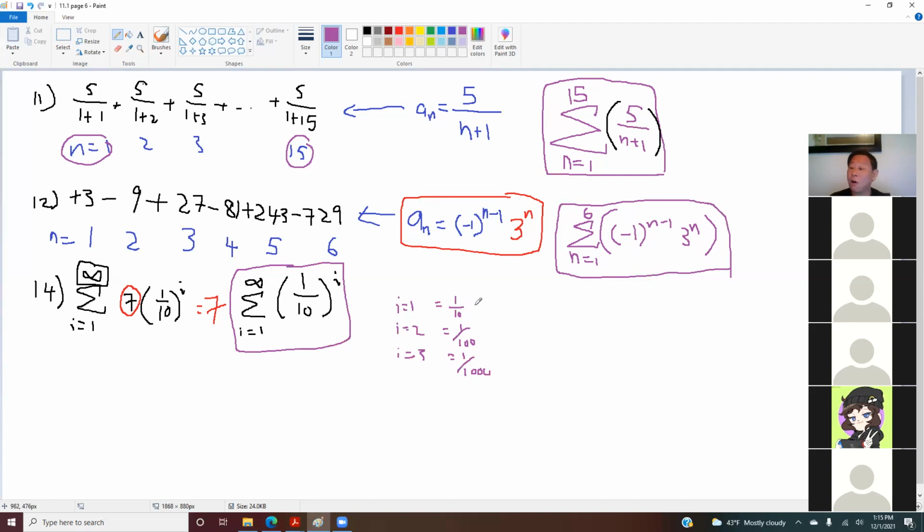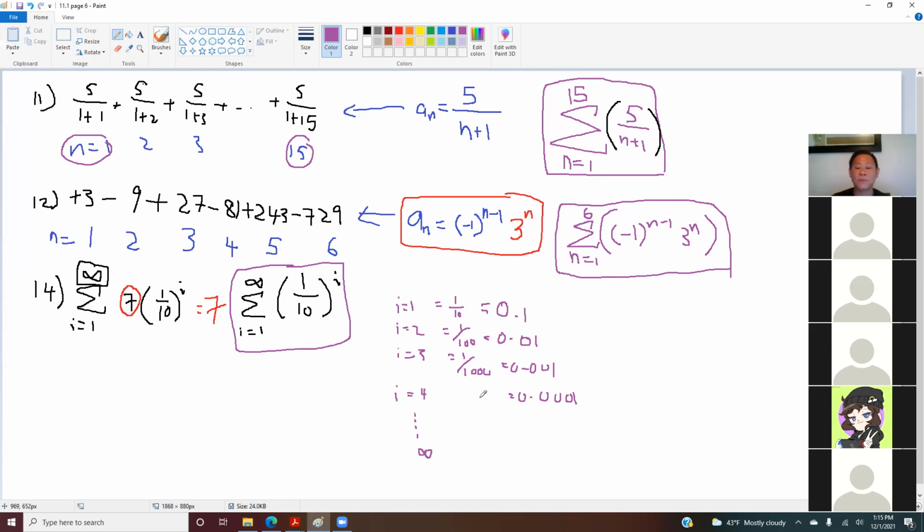Now, if you replace all these fractions with decimals, this is 0.1. This is 0.01. This is 0.001. And again, when i is 4, you get 0.0001. And you do the same thing till infinity.